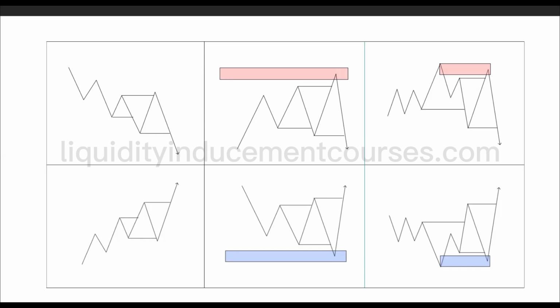And the smart money traders would see this as a flip zone, right? Let's say this is their violation block. This is the OB that created this breakout structure, and that was respected. And this is the OB that broke the structure to the downside.